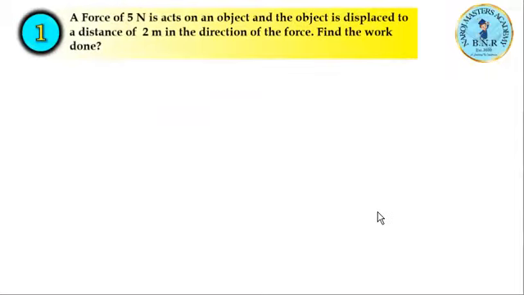An example: a force of 5 Newton acts on an object and the object is displaced by a distance of 2 meters in the direction of force. Find the work done. Work is equal to force into displacement. The force applied is 5 newtons and it travels a distance of 2 meters.